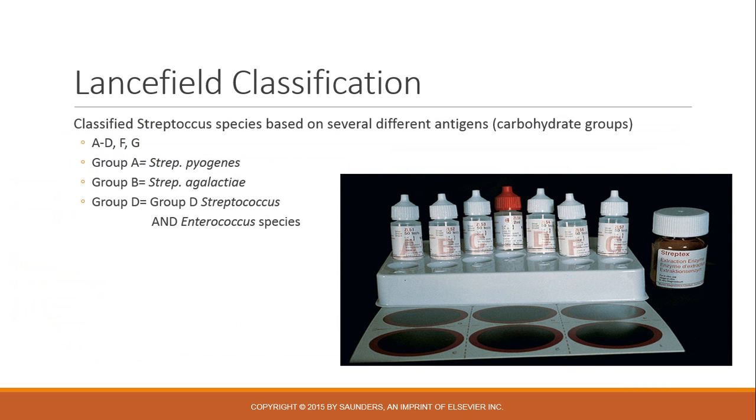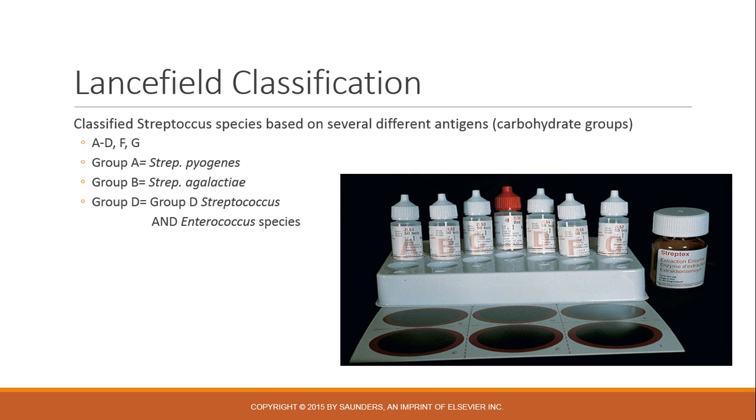So this is the Lancefield classification, and it's kind of outdated nowadays, but they might still use this in the hospital. Basically, it's an antibody against an antigen on the surface of the organism. So if you've got a plate growing and you know that it's a strep genus, but you don't know which one, you take a drop of each of these antibodies, and you'll put your A there, and your B there, and your C here, and your D there, and your F, and your G there.